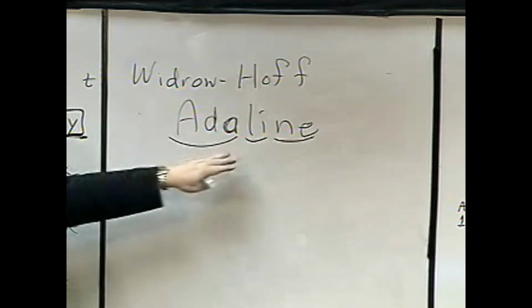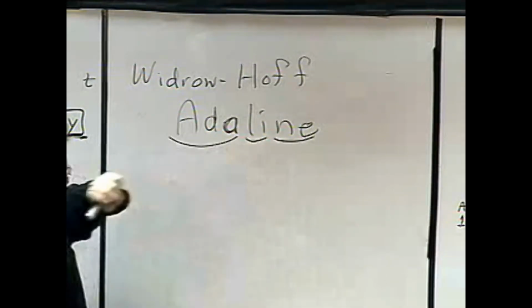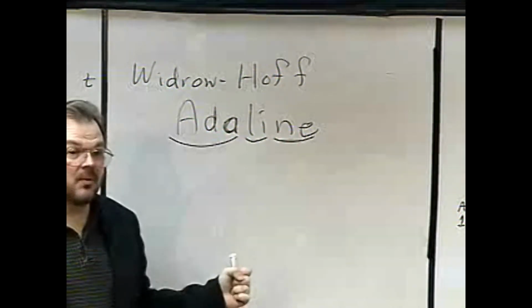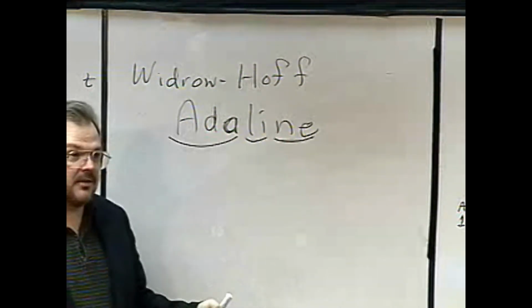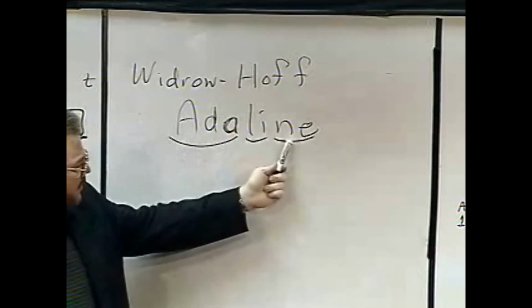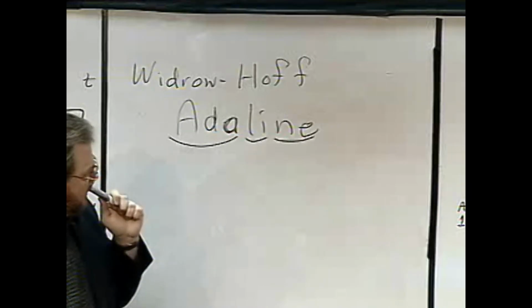So the Widrow-Hoff, like the Rosenblatt, is also a single layer network with no hidden layers, and so it's a single neuron. Later on, Widrow and Hoff expanded their work to a number of different neurons, and they couldn't call it Adeline anymore because neuron is singular, right?